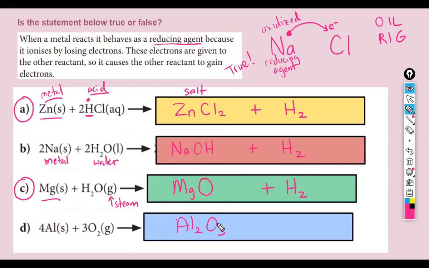I don't think anybody wants to balance this one for me. What number needs to go in front here for this to be balanced? A 2, yeah. So 2Al2O3.